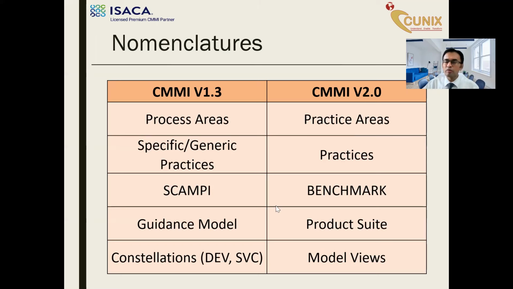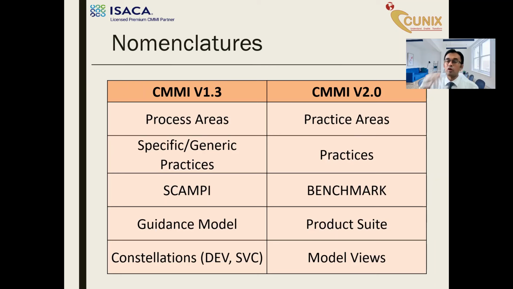And finally, they don't want you to look at it only as a guidance model, but along with the guidance model, it's more like a product suite. It offers you something more than the guidance model. So the guidance model is still there. It still remains a guidance model, but it gives you many other things as well. Finally, we used to call the different views like development, CMMI for services, CMMI for acquisition, constellations.